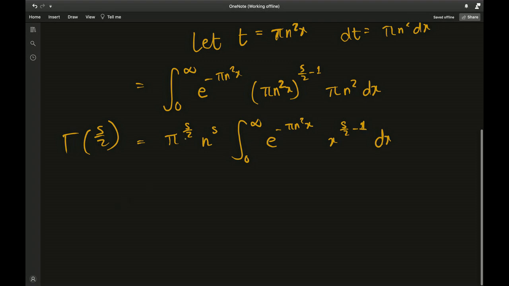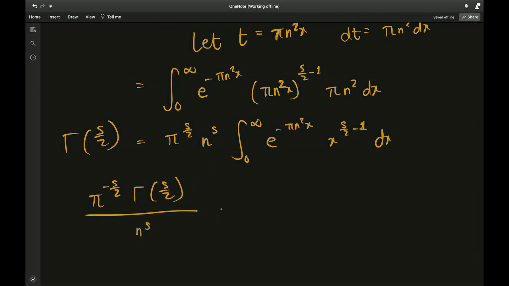Now I'm going to take all these other constant terms to the left hand side. So this pi now will have a negative power on the left hand side, gamma of s over 2, divided by this n to the s power, and that is still equal to integral from 0 to infinity e to the negative pi n squared x, x to the s over 2 minus 1 dx.